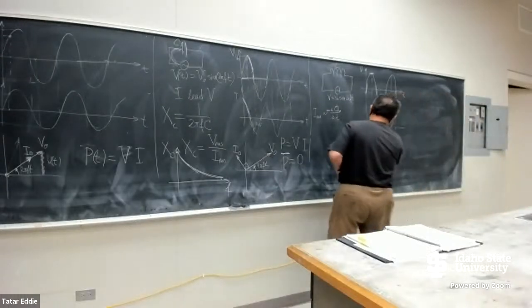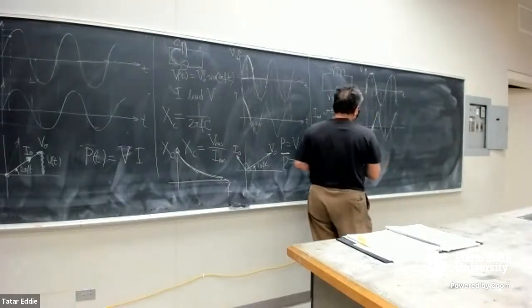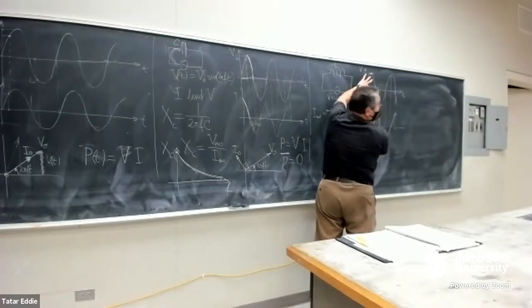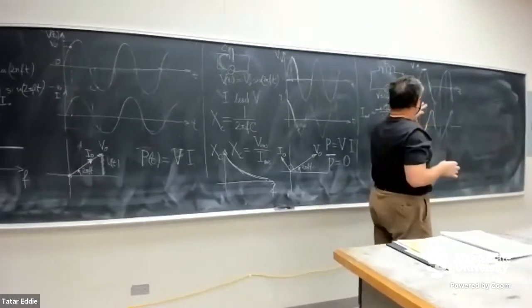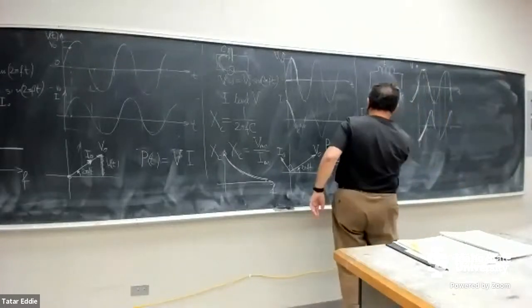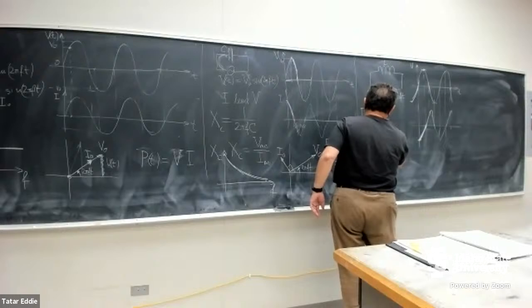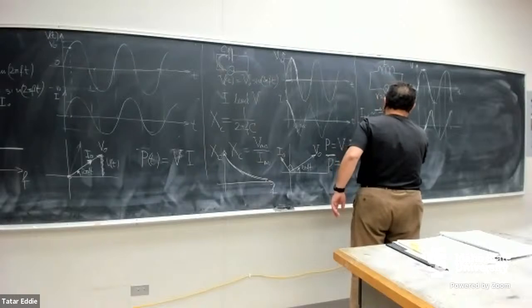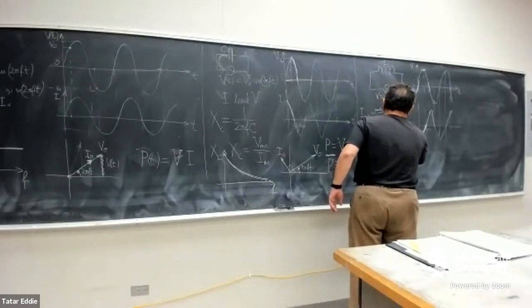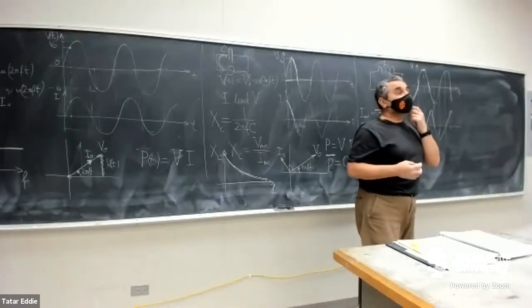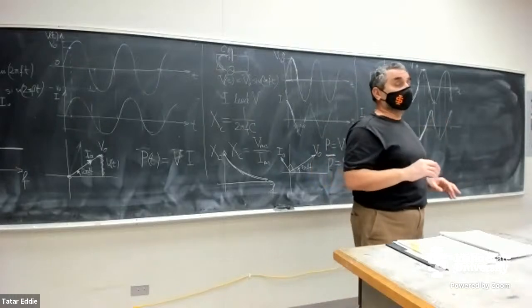And if you look here at this segment, and if you go to negative times for the sine function, it is like this. So this segment looks like this segment of the voltage. And we say that the current lags behind the voltage by a quarter of a cycle.